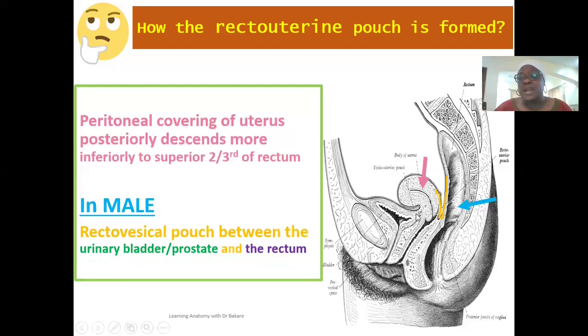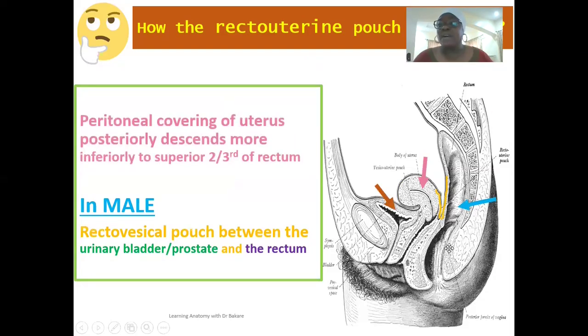So if you try to imagine that the uterus at this point here is removed, you see that the rectum will be placed behind the urinary bladder. Then you have a pouch created between the urinary bladder and also the rectum. And this is what is referred to as the rectovesical pouch. We say that recto is rectum, while vesical is the urinary bladder. So this pouch is created between these two structures in male.